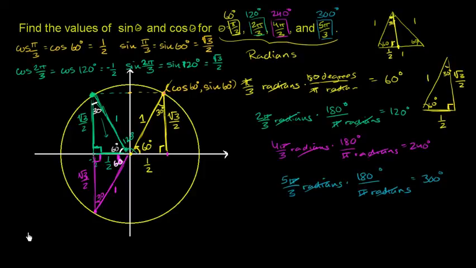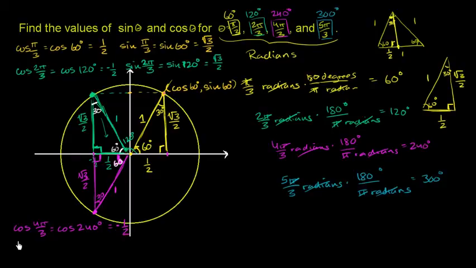So based on that, we then get cosine of 4 pi over 3, which is the same thing as cosine of 240 degrees, which is going to be the x-coordinate of this point right over here. Well, the x-coordinate, we see that we have gone 1/2 in the negative direction. So this is going to be negative 1/2.